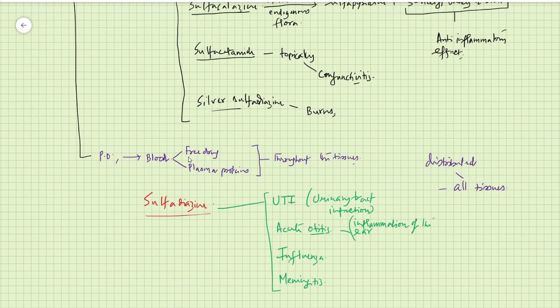The next point is that it is the free drug that has got activity. The free drug is responsible for the activity of the drug, and when it is transported in combination with plasma proteins, it acts like a reservoir. Sulfa drugs are bound to plasma proteins, and that way they get transported.